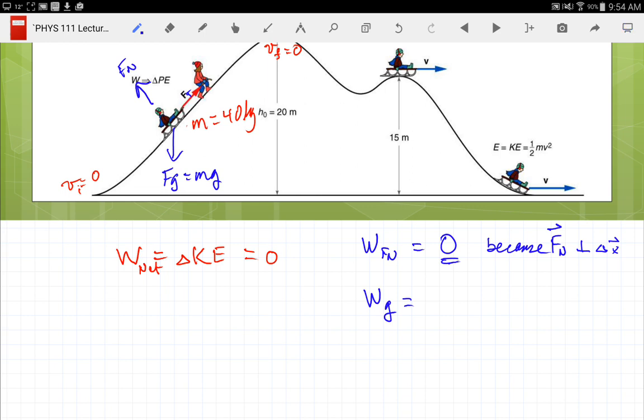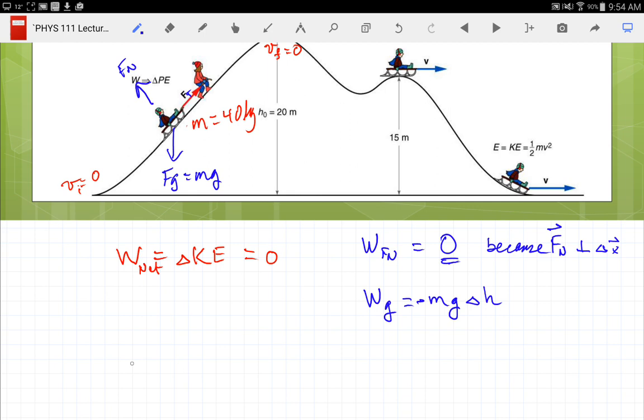So if gravity is down, what part of the motion is parallel to gravity? The upward, because it's technically anti-parallel, but that's in the same direction. So the work of gravity is going to be the force of gravity, mg, multiplied by the change in height, with one thing. Force of gravity was down, the change in height is up, so that's going to have a negative sign.